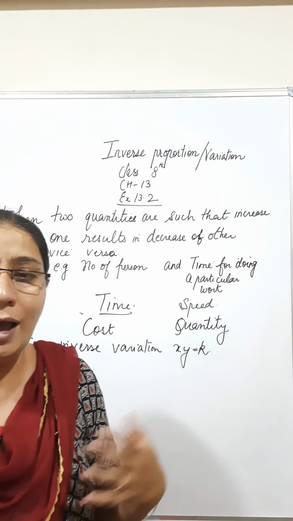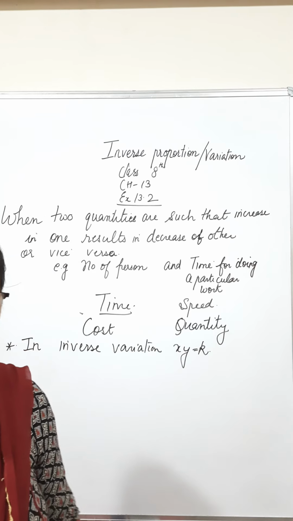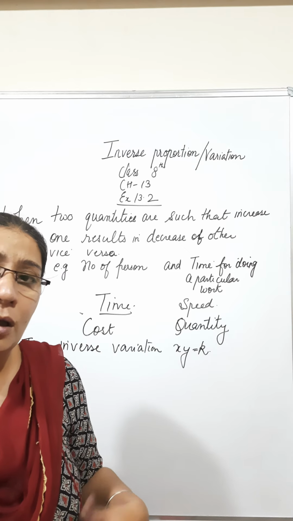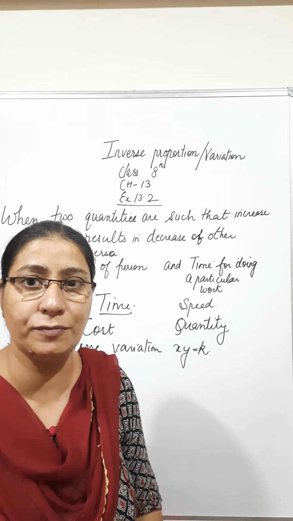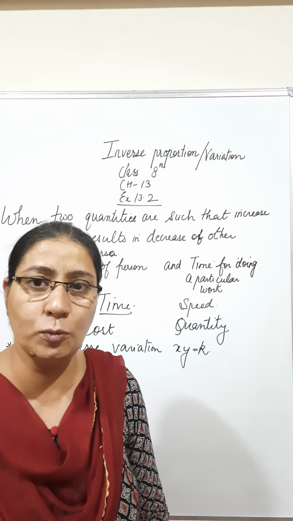Now suppose you have a certain amount of money in your pocket, 100 rupees, and your mother tells you, okay beta, go and buy 2 kgs of apples from the market. The cost of that is 50 rupees, because she went one day and she found that the cost was 50 rupees per kg.